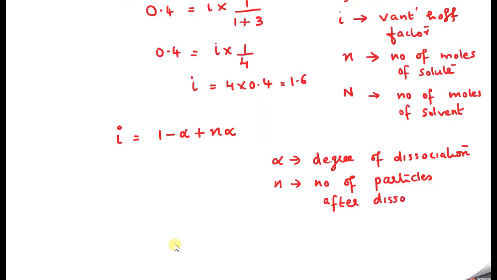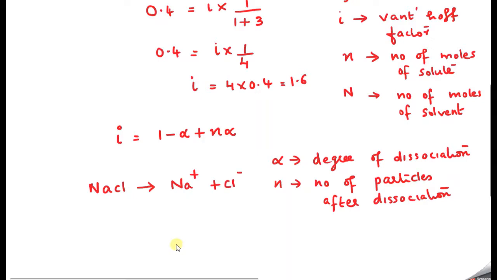NaCl on dissociation will give Na plus and Cl minus, so one Na plus and one Cl minus. So n is equal to 2.